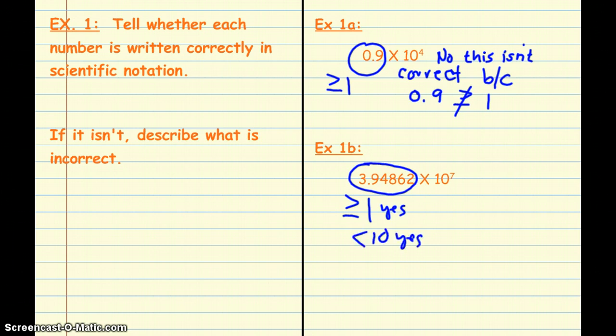So far, it's correct. Do we have a product? Yes. Do we have 10 to some power? Yes. So in this case, example 2 is written in the correct form. Again, scientific notation: first number is greater than or equal to 1 but less than 10, times 10 to some power.